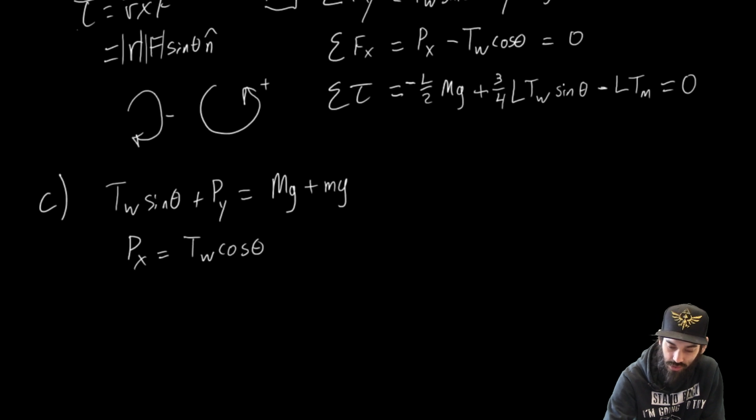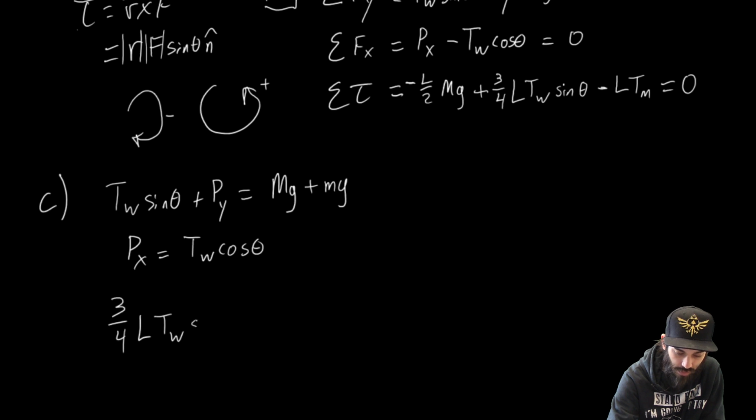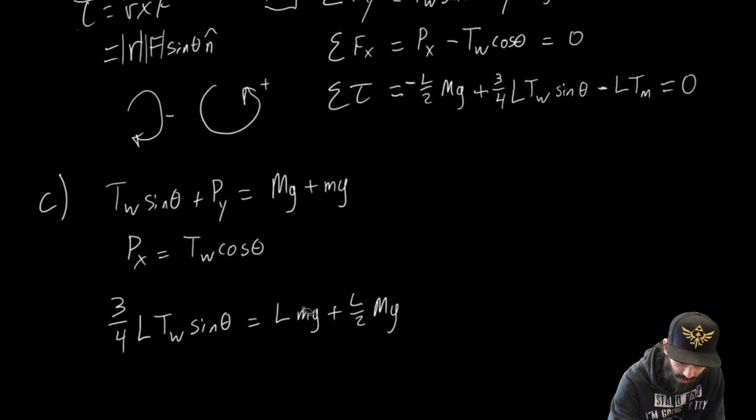And the last equation is going to say 3 over 4 L TW sine of theta is going to be equal to L T sub m, which is going to be mg, plus L over 2 times capital MG.